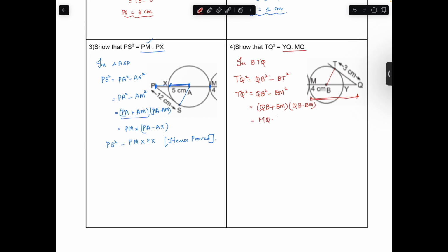And in the second bracket, instead of BM, if we replace that with BY, from QB, if we subtract this portion BY, then we get YQ. So the RHS becomes MQ times YQ. So here we have achieved the RHS, hence the statement TQ square equal to MQ times YQ is proved.